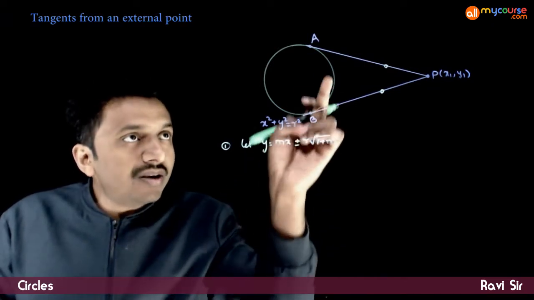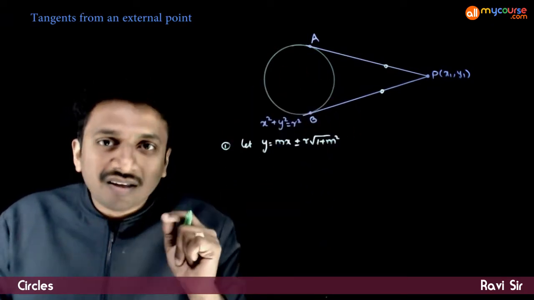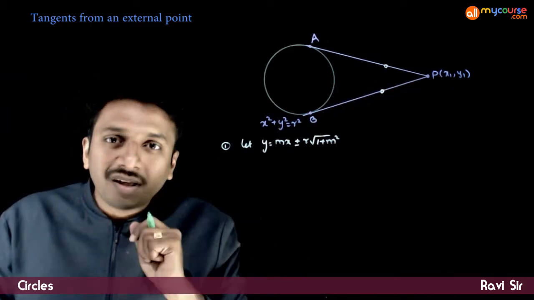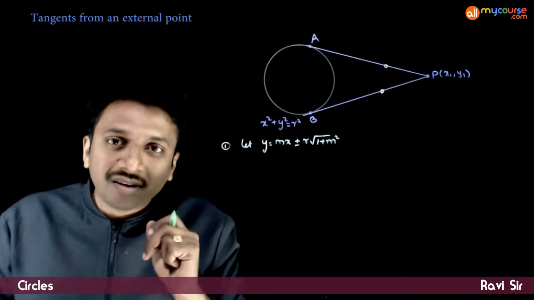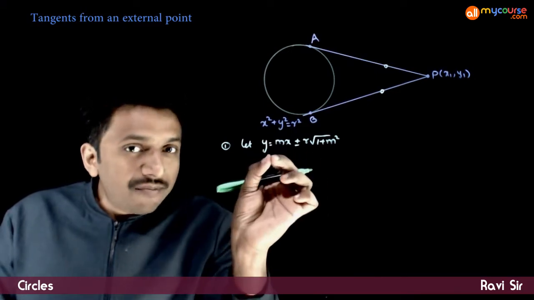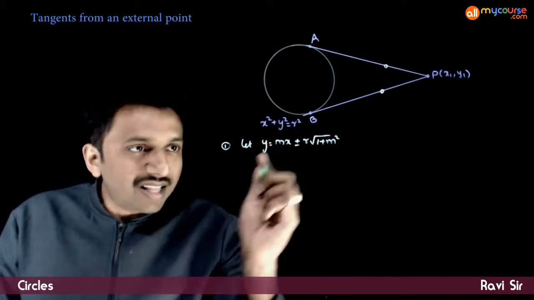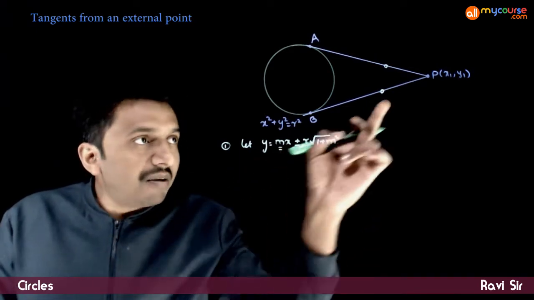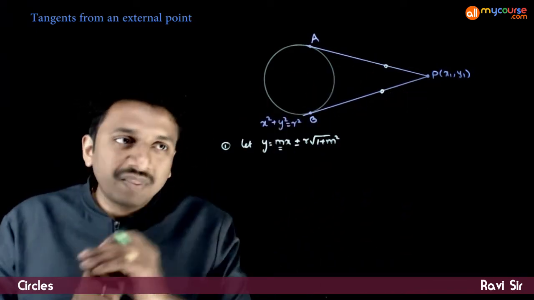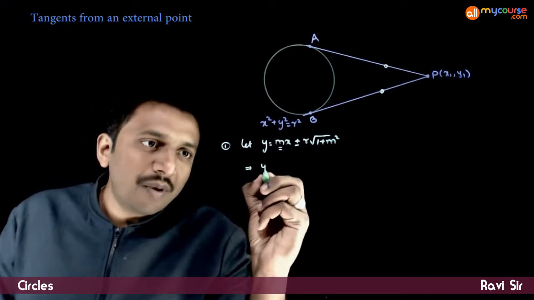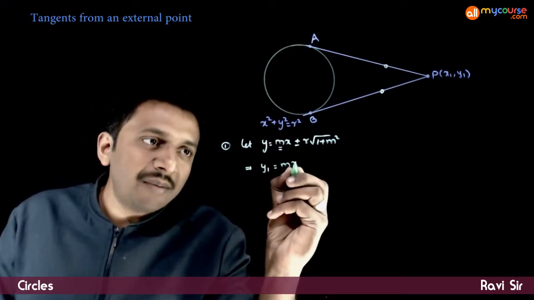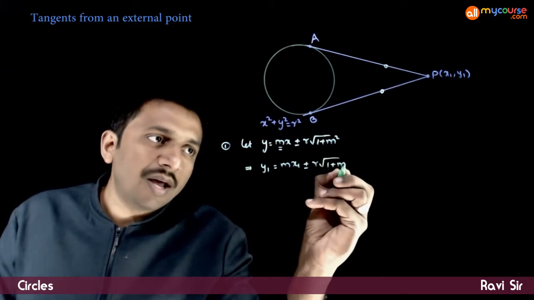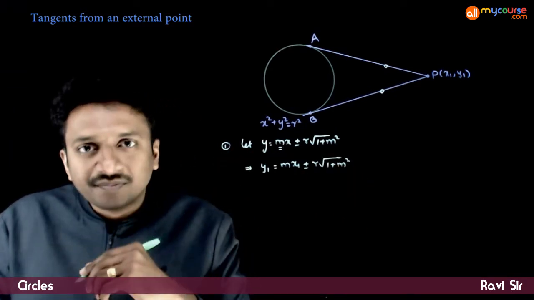Now I don't want any tangent to the circle. I want that particular tangent which passes through this point (x1, y1). So I want that particular m for which this tangent passes through (x1, y1). That means y1 = mx1 ± r√(1 + m²).